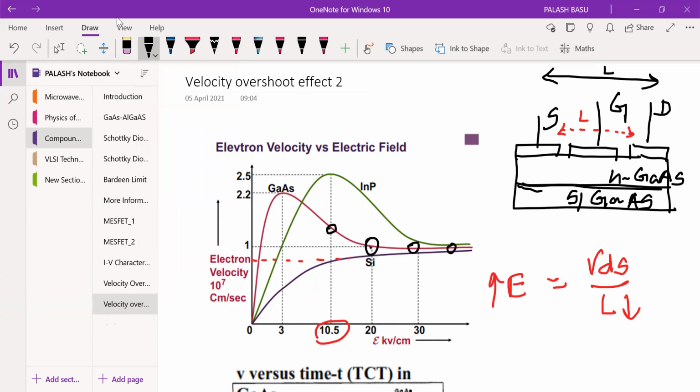That means there is no point of tailoring. The moment you have a velocity which is saturating, it means your current is always kind of constant. The current constant means gm constant, right?